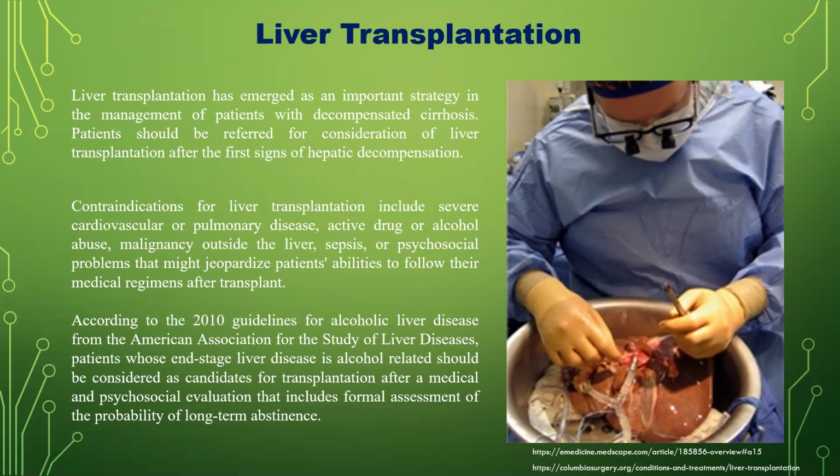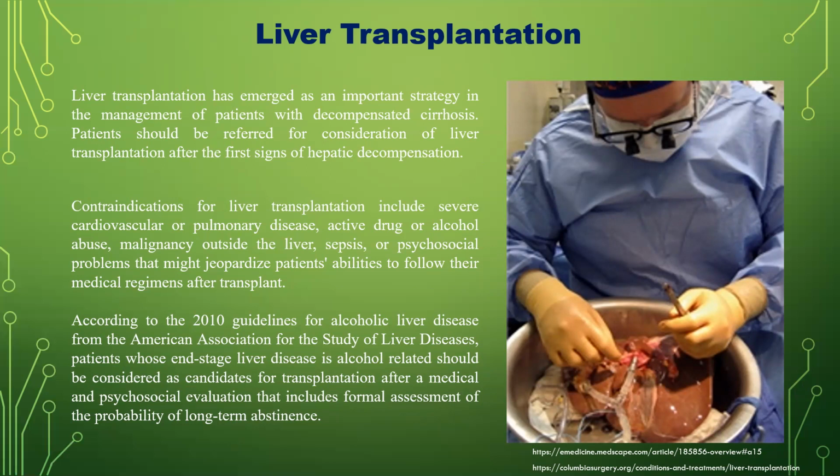Liver transplantation has emerged as an important strategy in the management of patients with decompensated cirrhosis. Patients should be referred for consideration of liver transplantation after the first sign of hepatic decompensation. Contraindications for liver transplantation include severe cardiovascular or pulmonary disease, active drug or alcohol abuse, malignancy outside of the liver, sepsis, and psychosocial problems that might jeopardize the patient's ability to follow their medical regimen after transplant.